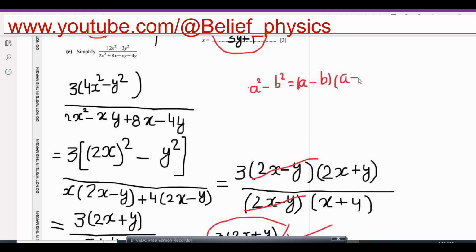So here a is 2x and b is y, so this will become 3 as it is, and a minus b is 2x minus y, a plus b is 2x plus y.